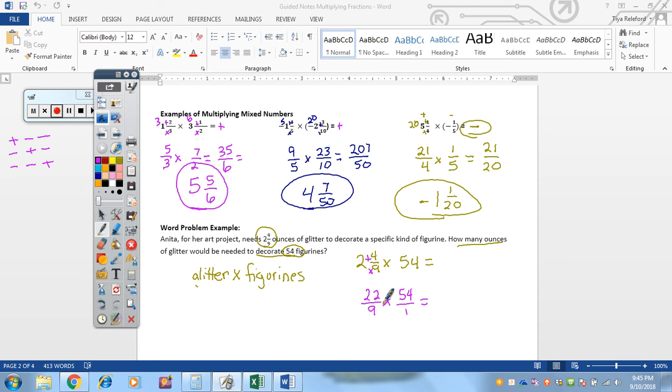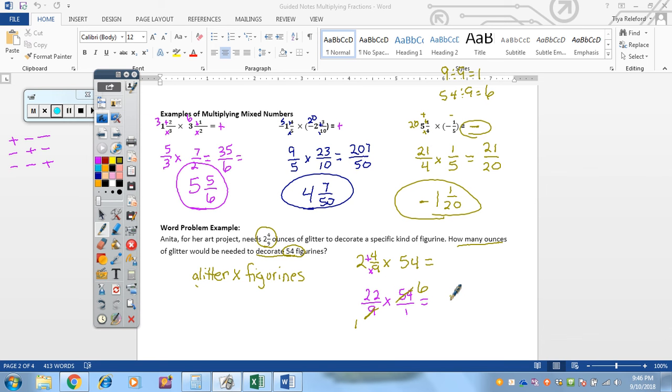Okay, can I simplify 22 and 1? No, but can I simplify 9 and 54? Yes, I can divide them both by 9. 9 divided by 9 gives me 1, and 54 divided by 9 gives me 6. So I'm going to change 54 to 6, and I'm going to change 9 to 1.